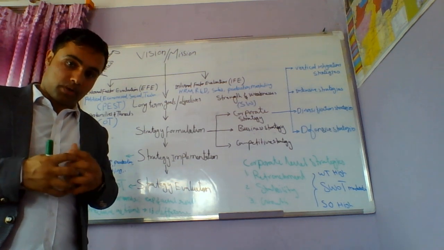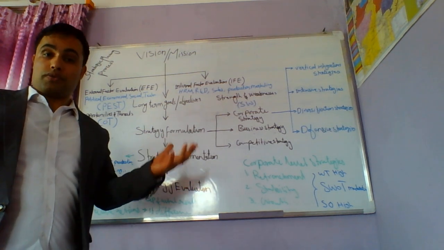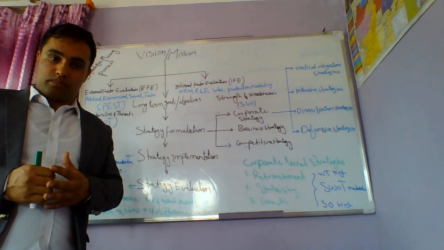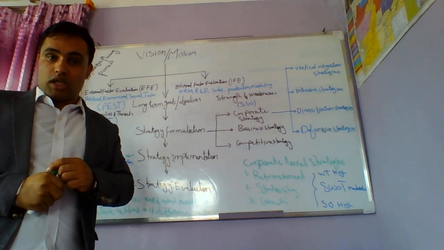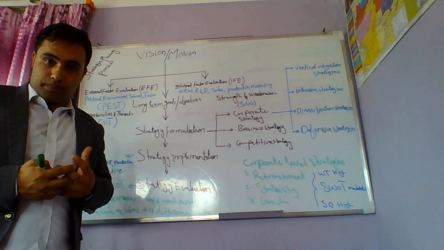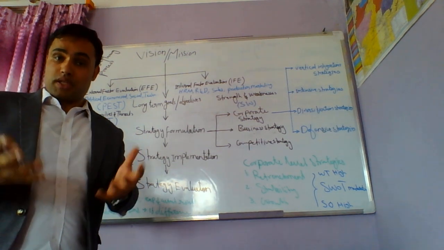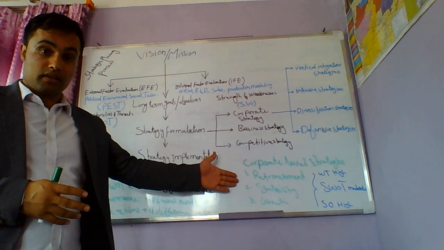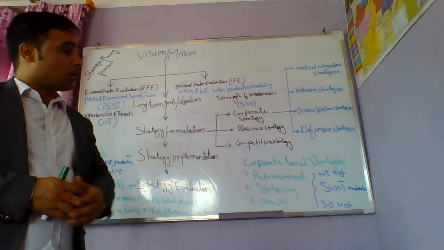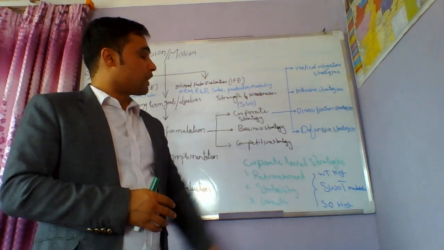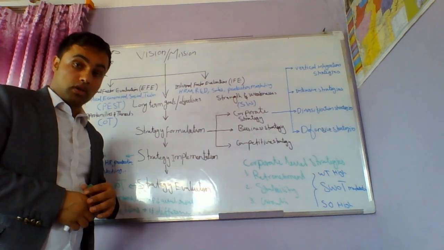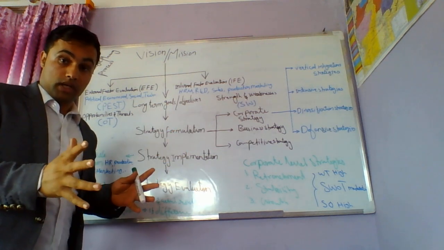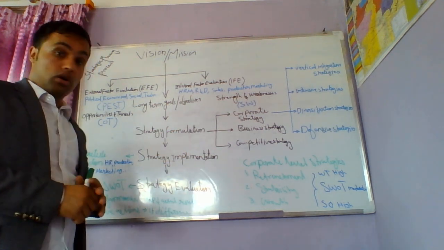So this was the overall, short overview of the strategy planning process. We have lots of issues in the strategy planning process, but I promise that I will provide you details of the other processes. I cannot take lots of time, so we have left some other details written in green, the details of the types of corporate strategies, the details of vision and mission, and the analysis of IFE and EFE, how we can do them practically. These are all left.